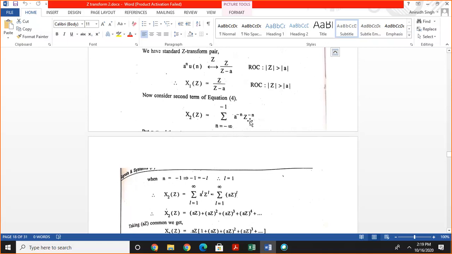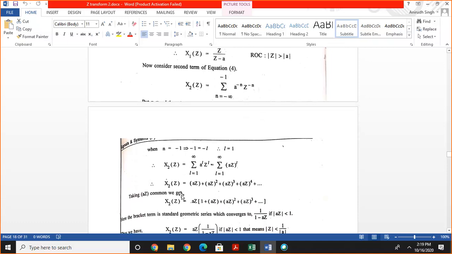Here we get a raised to the power l, z raised to the power l. So finally we get X2 of z equal to summation from l equal to 1 to infinity of a raised to the power l z raised to the power l.